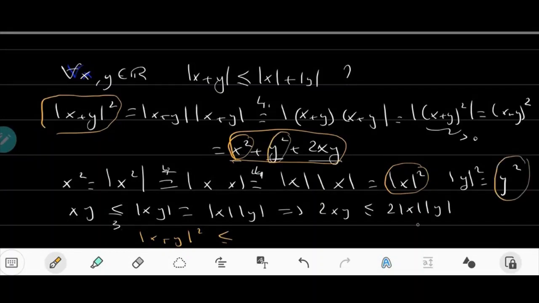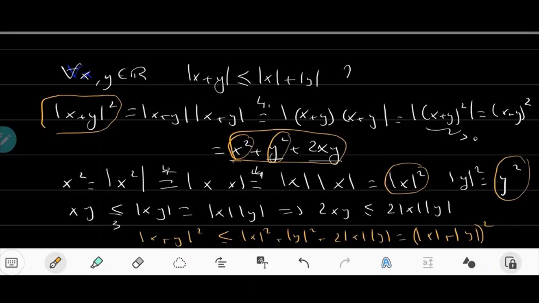But for the 2xy, I will replace it by 2 times the absolute value of x times the absolute value of y, which is greater than 2xy. So it's less or equal than the absolute value of x squared plus the absolute value of y squared plus 2 times the absolute value of x times the absolute value of y, which is the absolute value of x plus the absolute value of y, squared. I will write it clearly.